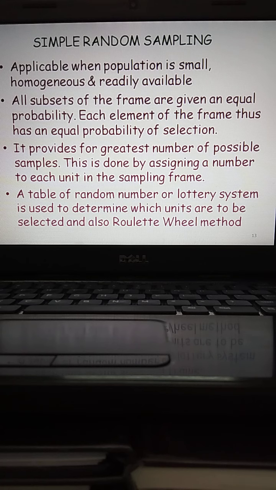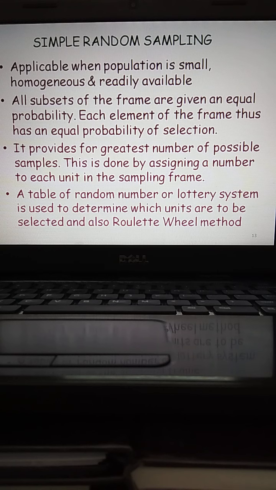Besides these two methods, one more method is there, the roulette wheel method. In this method, a big rotatory wheel would be there. On the circumference of the wheel, the numbers will be denoted. The wheel will be rotated. At a certain point of time, a number will be shown by the indicator on the wheel.